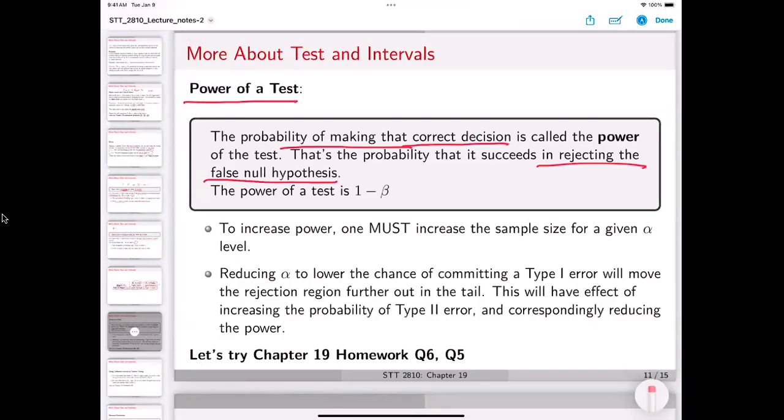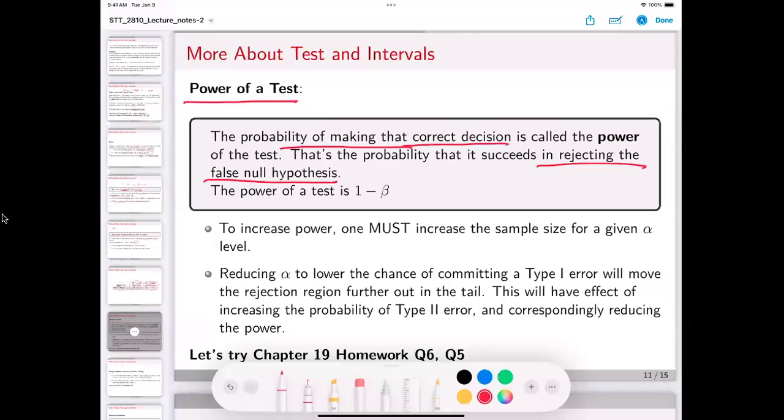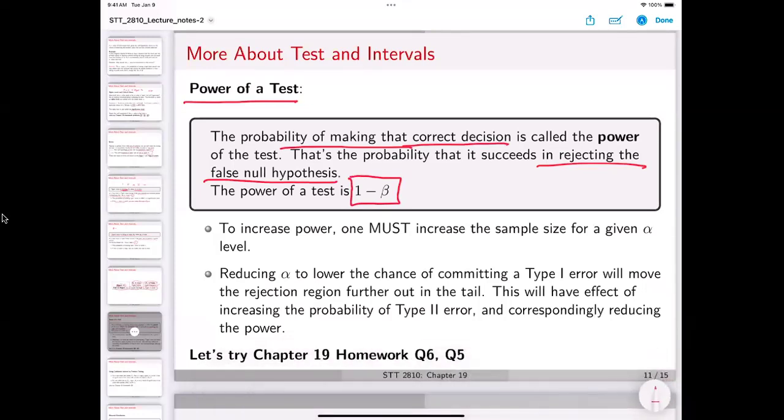So the power of a test is giving us 1 minus beta. So you should also have this in your note. Power of the test is 1 minus beta. So 1 minus the probability of what? Committing a type 2 error. So if we want the power of the test to be high, it means that our chance of committing a type 2 error should be low. Is that okay? Good.